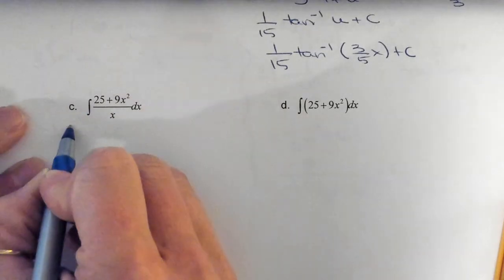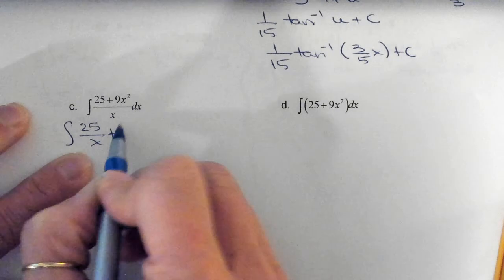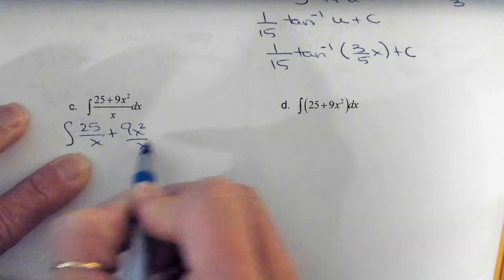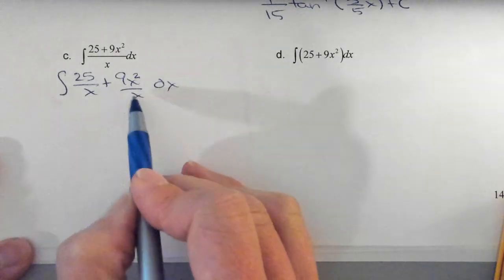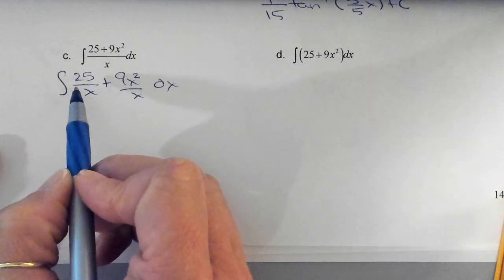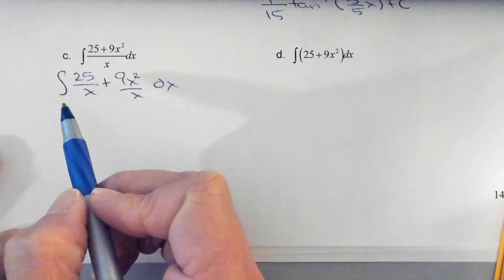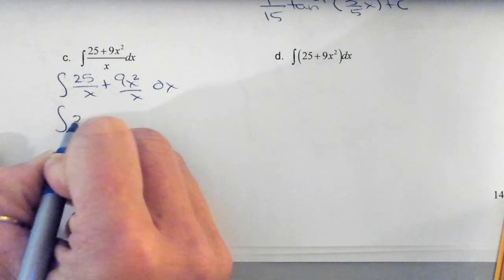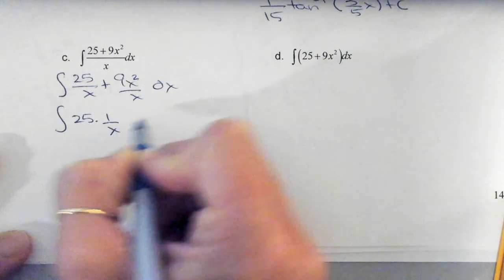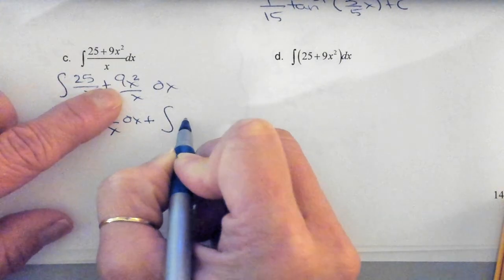So this is the integral of 25 over x plus 9x squared over x dx. I'm just writing it out so you can see what I'm doing. This I can divide totally. This is 25 times 1 over x. What's the integral of 1 over x? So this is the integral of 25 times 1 over x dx plus the integral of 9x dx.